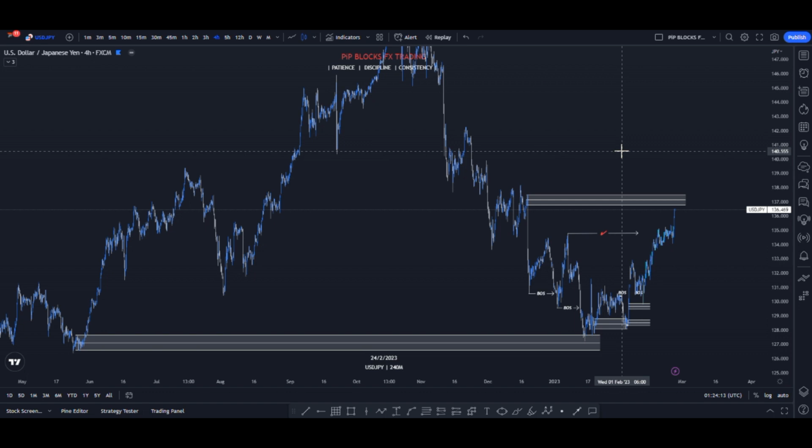All right. So why do we need top-down analysis? Now, the reason why we need top-down analysis is one, to give a clear sense of the market. Now, without top-down analysis, you can't really tell where the market is moving.